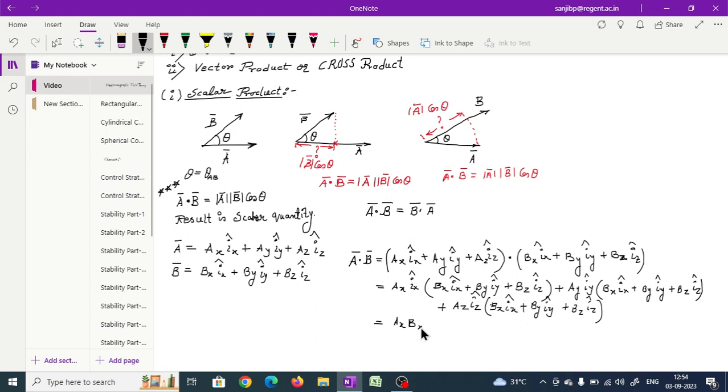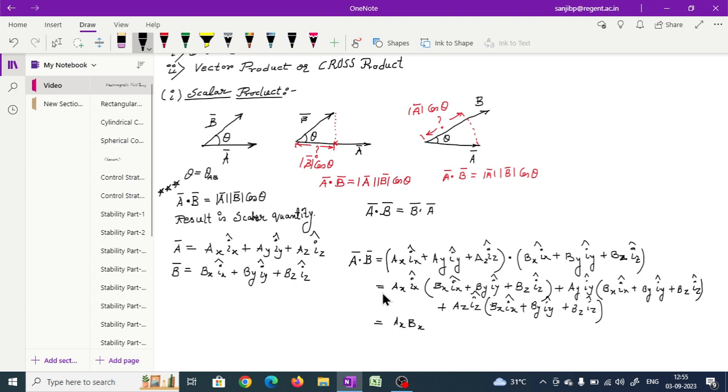And you know ix dot ix is the magnitude of ix times the magnitude of ix equal to 1, and the angle between these two is 0, cos 0 equal to 1. There is no need to write it again. Is it clear? If you forget about this, follow the previous lecture. The link will be in the description box.